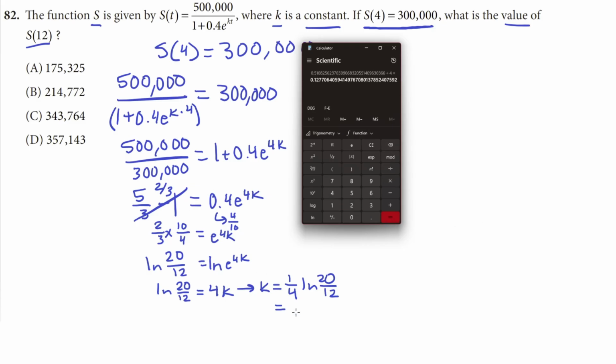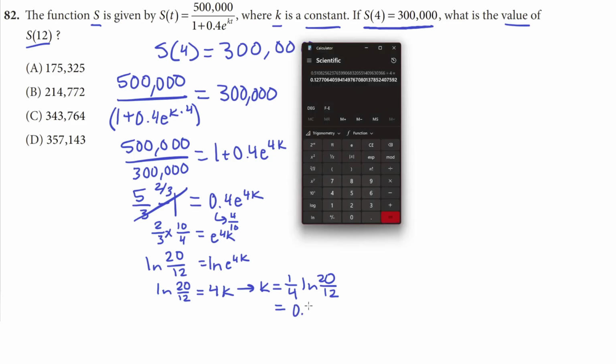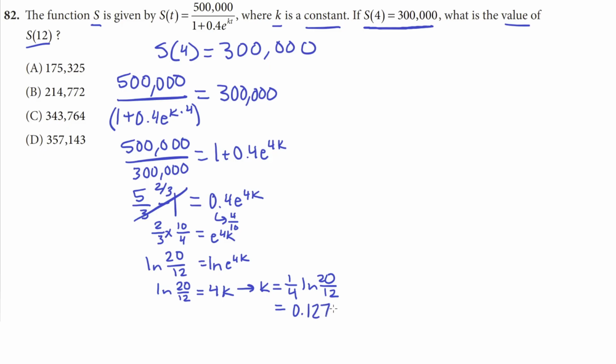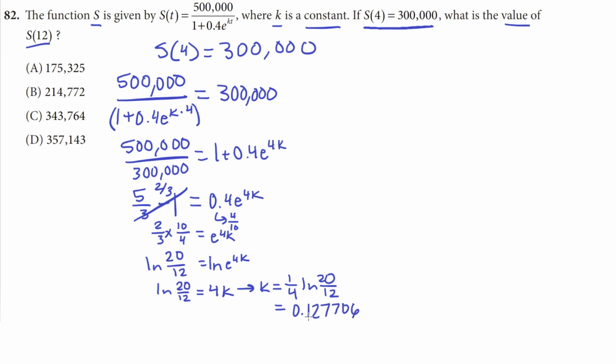So that means k equals 0.127706. We'll include a lot of digits here because we're dealing with large numbers so that our answer is more accurate. So this is the value of k we solved by plugging in this piece of information.